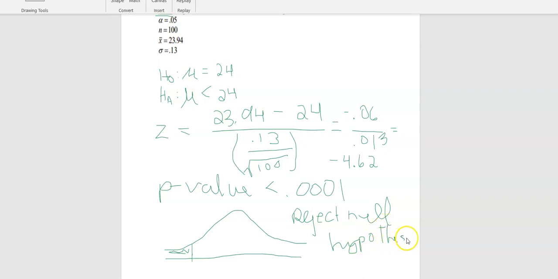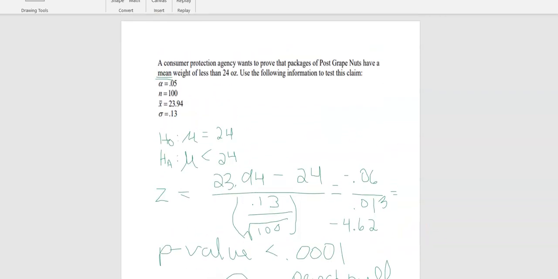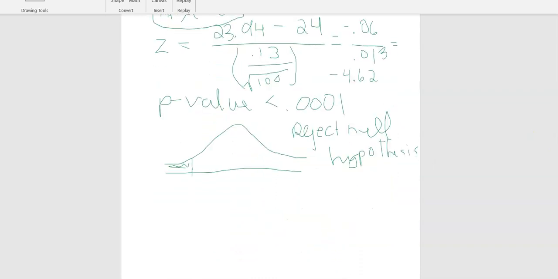Now we have to say what that means. So if we're rejecting the null hypothesis, that means that we are in fact deciding that we embrace this hypothesis, that the actual weight of these packages of post-grape nuts appears to be less than 24. So here's what we say. We reject the null hypothesis.